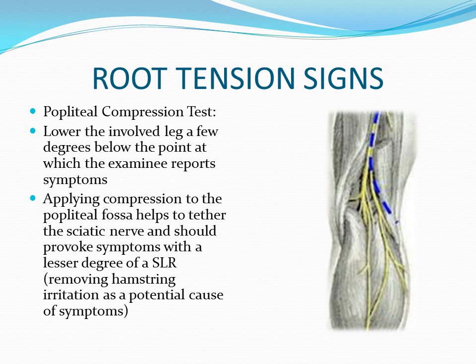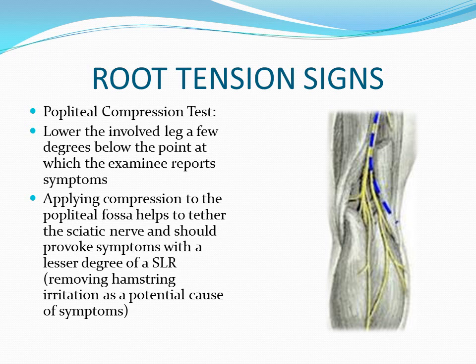So once we've reduced the tension below the point at which the examinee reports symptoms, then we want to perform the compression maneuver to stretch the lumbar spine nerve roots to assess for reproduction of pain. So what we do is we apply compression with our thumbs to the popliteal fossa, thereby tractioning the sciatic nerve at its bifurcation.